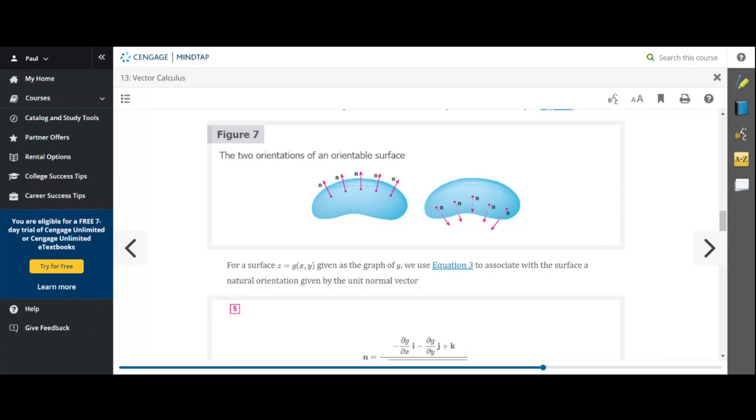The way Green's theorem, section 13.4, is oriented is that it's for positive orientation. However, if you have a particle that moves around a path not in the counterclockwise direction but in the clockwise direction, then that orientation would be negative.